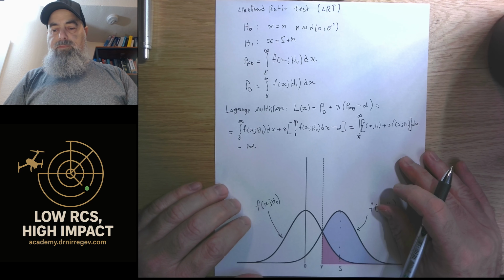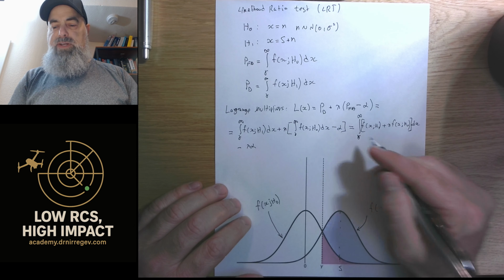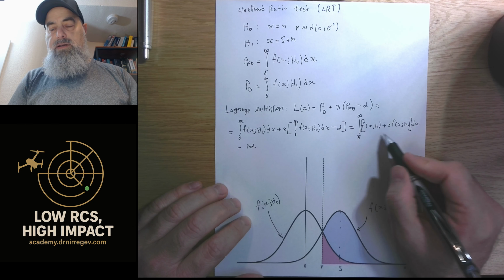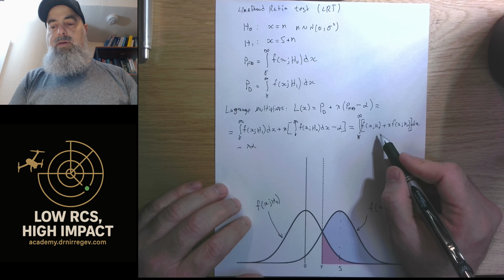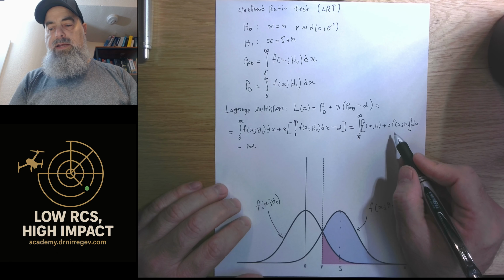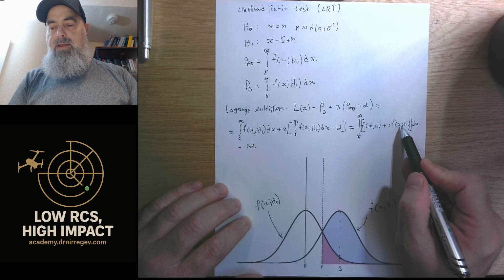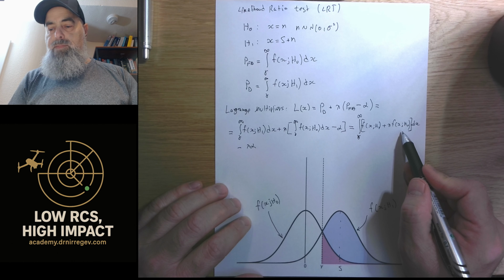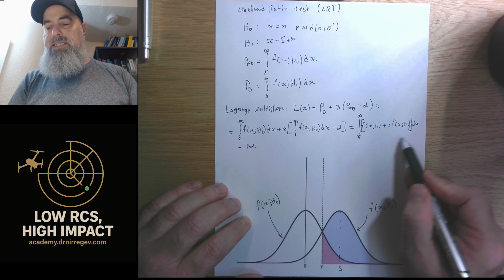Now in order to maximize this with respect to x, we need to take all of the x's that contribute a positive value to this integral. In other words, for the integrand, the term inside the integral, we will choose x's such that this is positive.